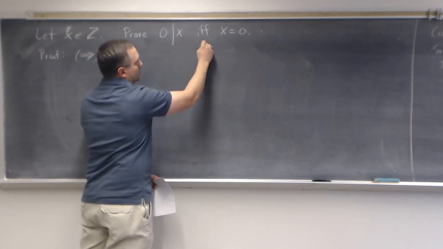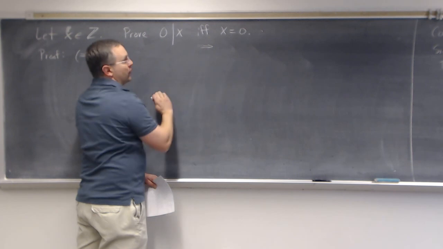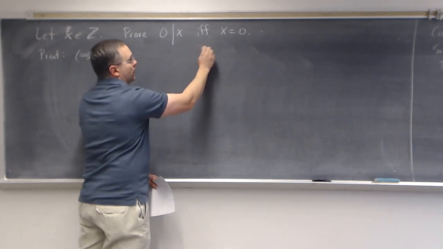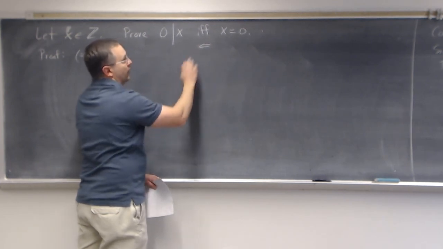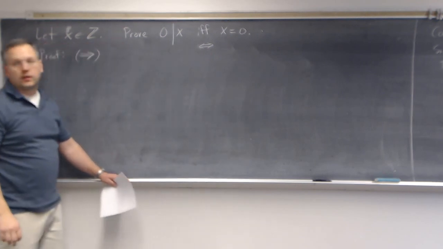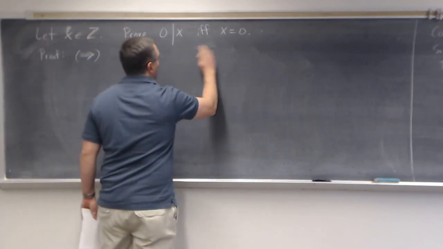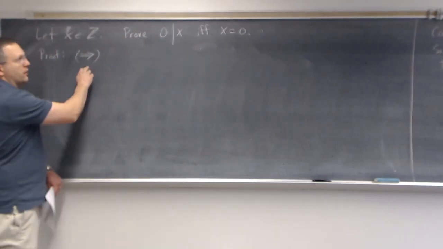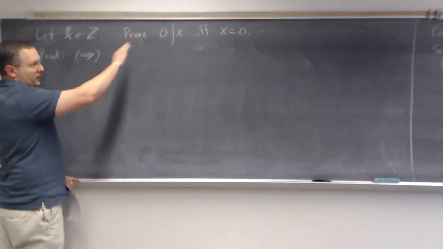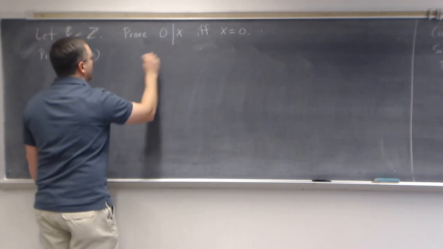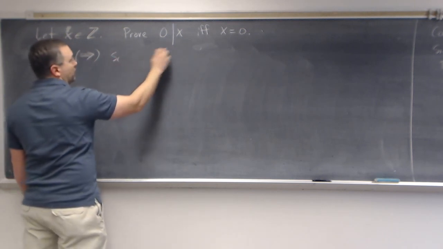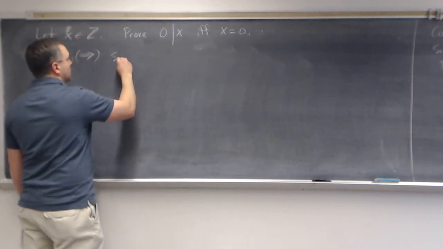Because this is an if and only if statement, first I'll do this implication, then the other, and that gives me the if and only if statement. With this little notation, it's clear what I'm assuming and trying to prove.